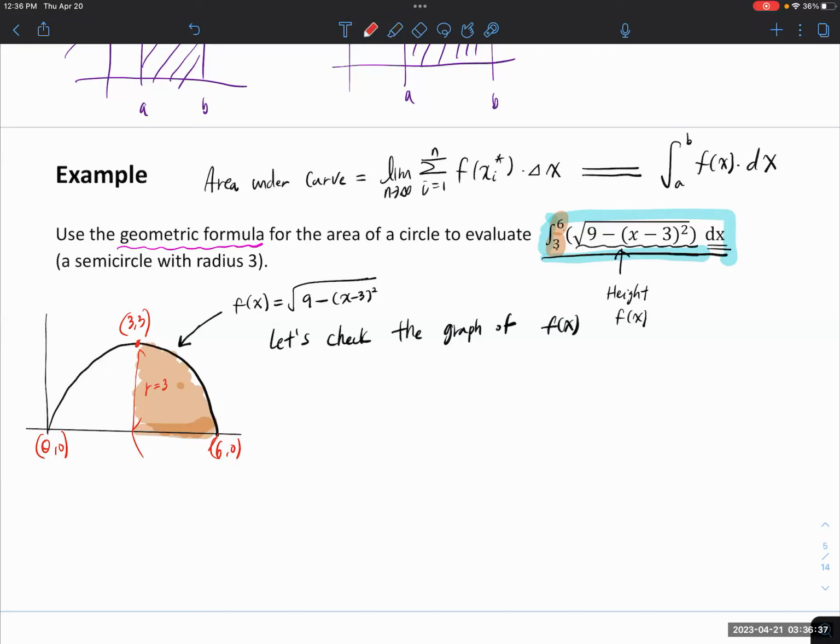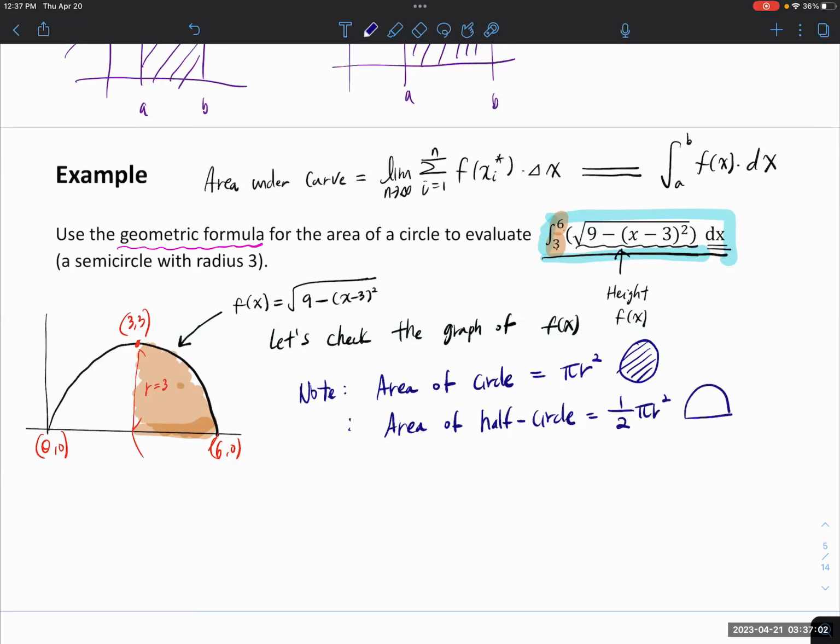Okay, so let's write down a couple of notes. We know the area of a circle, the formula is pi r squared. This is a whole circle area. And then the area of a half circle is divided by 2, so that you can find the half circle area. And then the area of a quarter circle, what does it mean? One-fourth pi r squared.